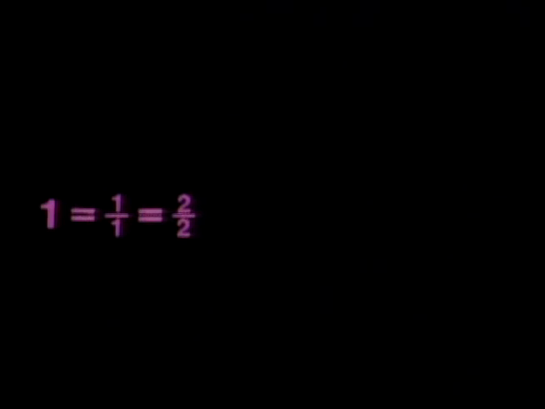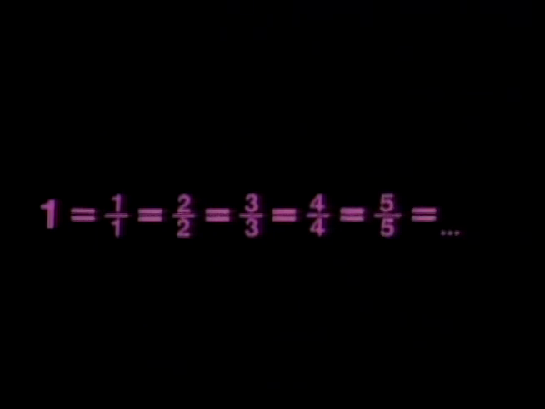In this way, we get 1 equals 1 over 1 equals 2 over 2 equals 3 over 3 equals 4 over 4 equals 5 over 5, and so on. In short, any time the numerator and denominator of a fraction are the same, that fraction is a member of this class and is equal to 1.